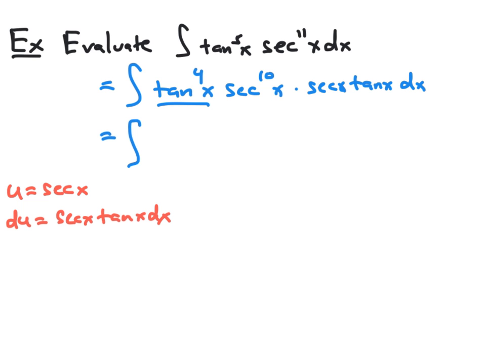And so we can do this by remembering that tangent squared of x is going to be secant squared minus 1. And so tangent to the fourth will be that expression squared. Tangent to the fourth is tangent squared quantity squared, and tangent squared is equal to the secant squared minus 1. And then we're multiplying by secant to the 10th and secant tangent.